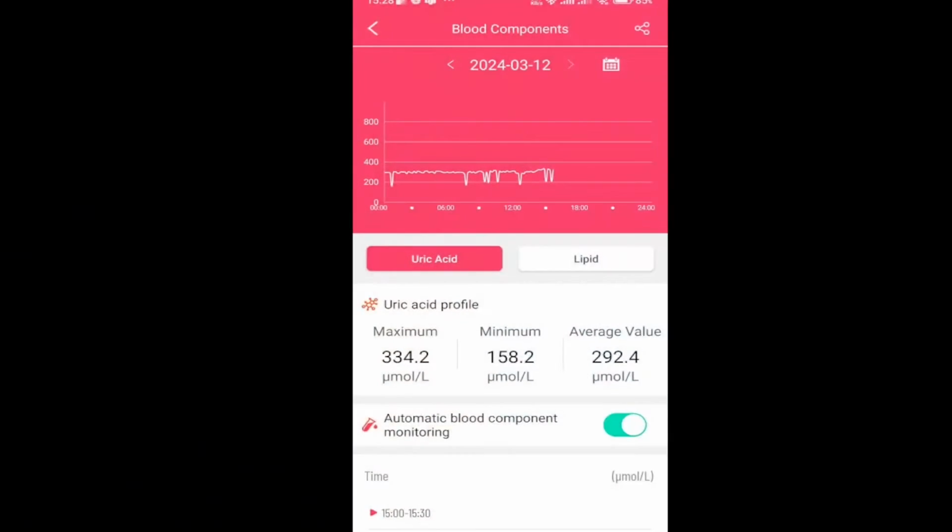So let's look at one more. We talked about the blood components already, but there's also one more aspect of the blood components, which measures the uric acid profile.